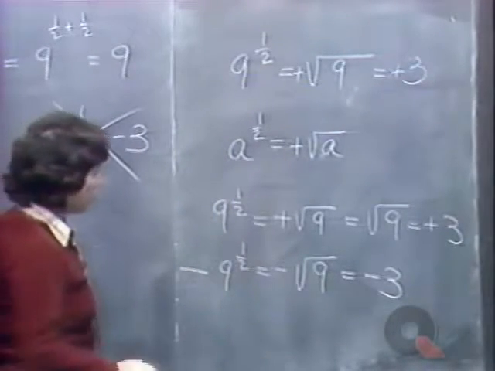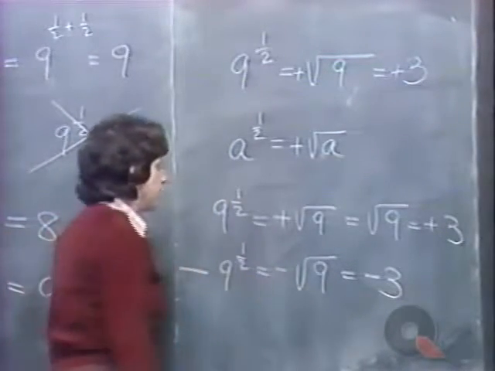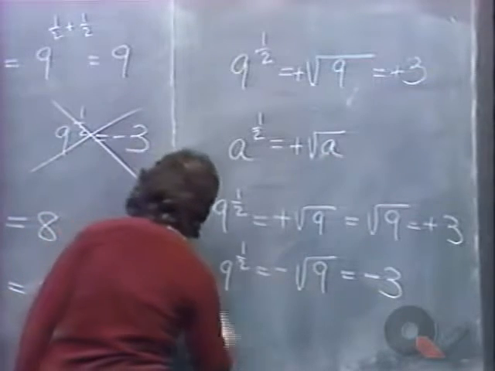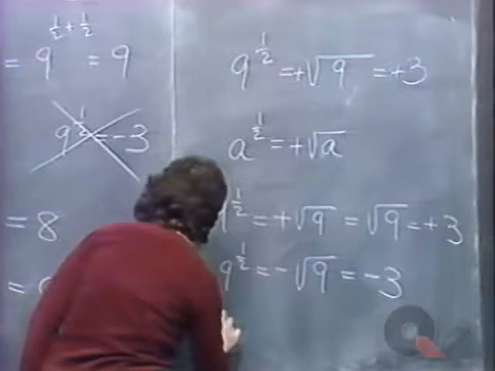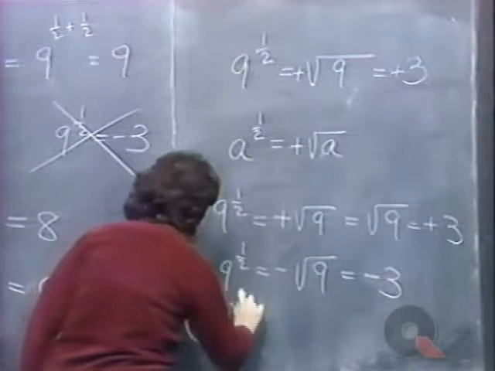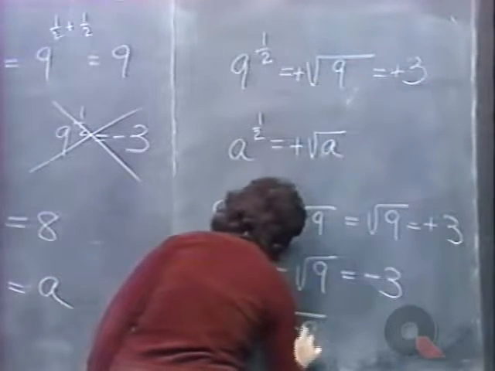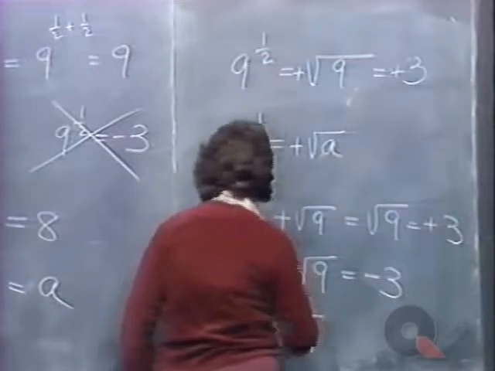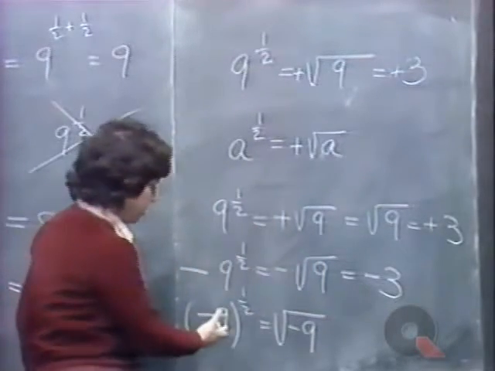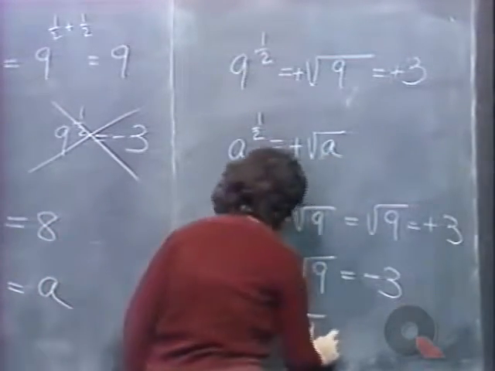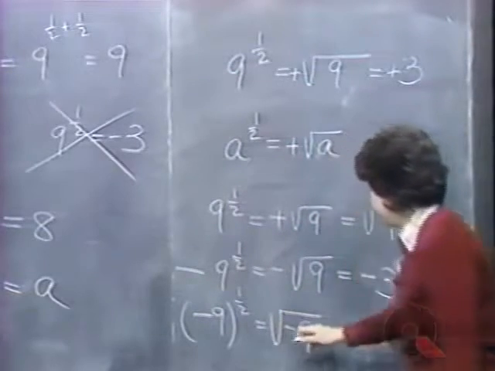Okay, now don't confuse the negative square root of 9 with, say, negative 9 to the 1/2, or the square root of negative 9. This is not defined in the real number system.